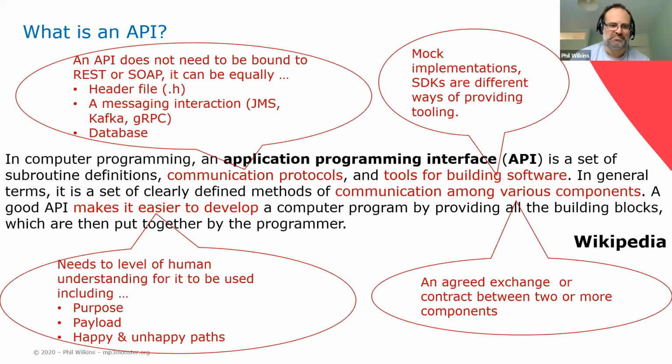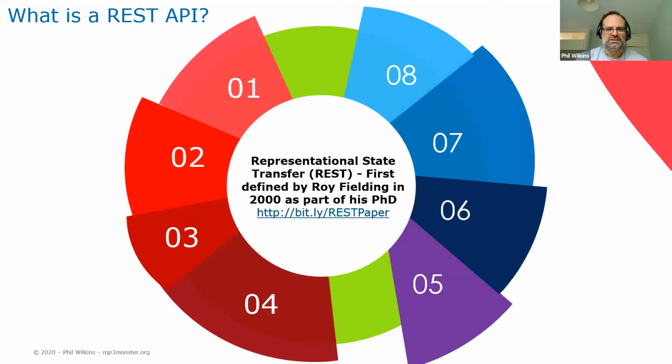It's all about communication over an agreed format between various components. Whilst I'm going to focus on largely REST-based material here, what you see in the rest of this presentation will hold true for just about any API-based technology.